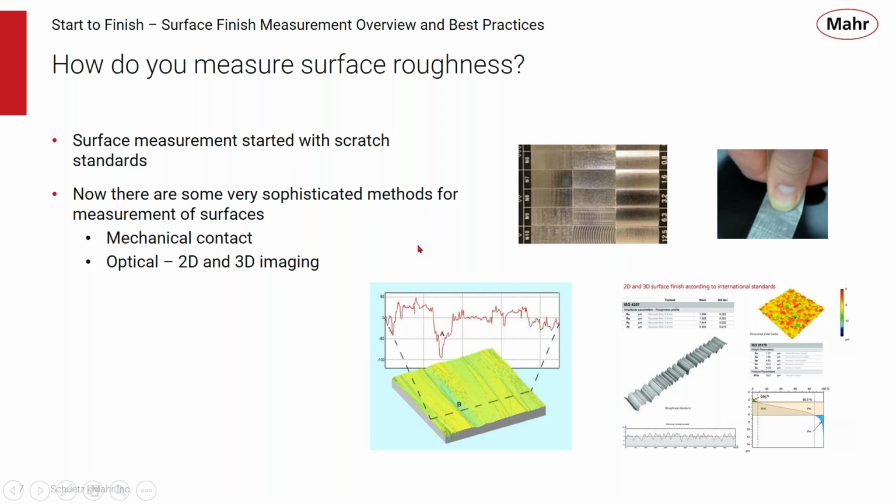And now there are even some very powerful and important optical imaging systems, whether 2D or 3D imaging, that can give you a surface area measurement for roughness or for profile, and which can correlate very well to the mechanical contact methods. Primarily, today's way of doing surface roughness is with mechanical contact, but optical systems are becoming more available.